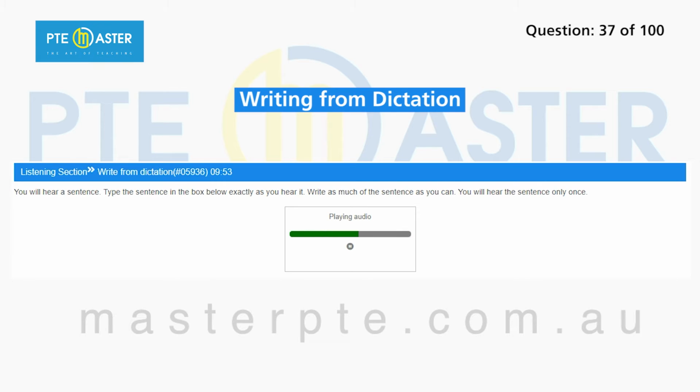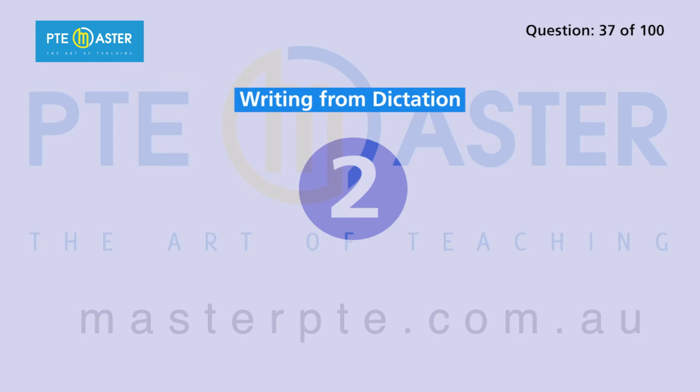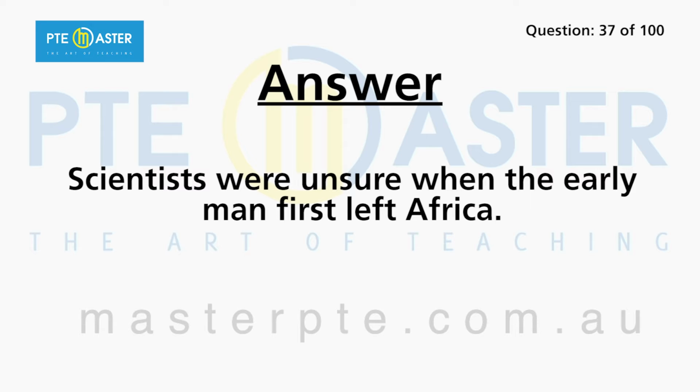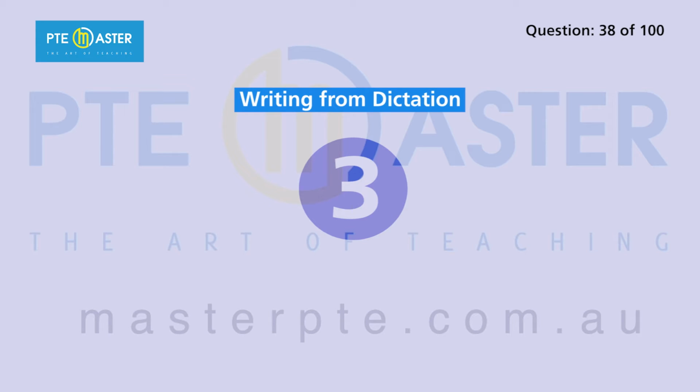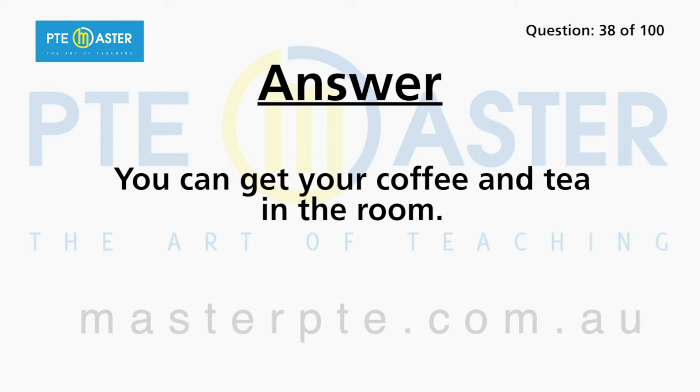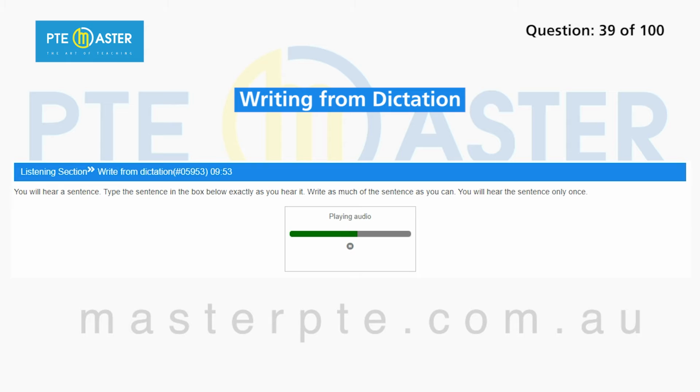Scientists were unsure when the early man first left Africa. You can get your coffee and tea in the room. Protective goggles must be worn in all the university's laboratories.